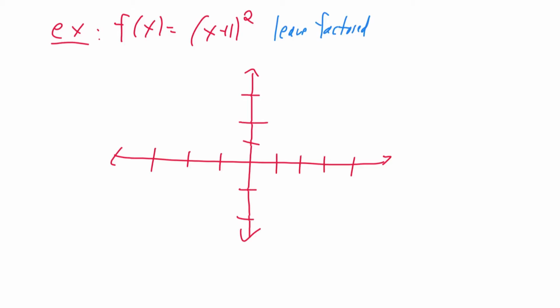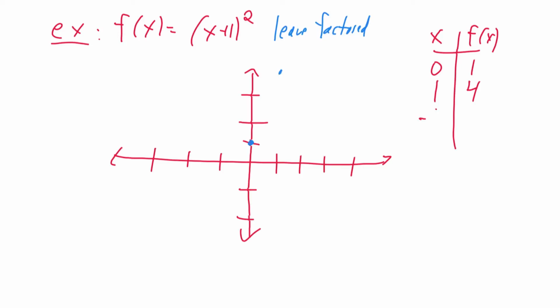So let's plug in a couple points. I plug in 0, I get 1. So this point's on there. If I plug in 1, I get 4. So a point like there.